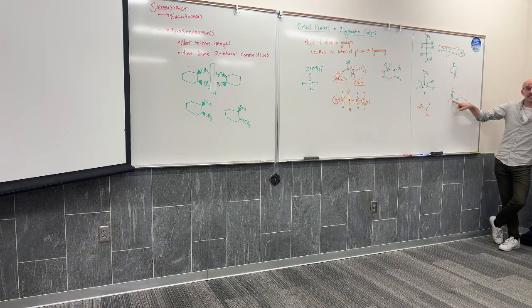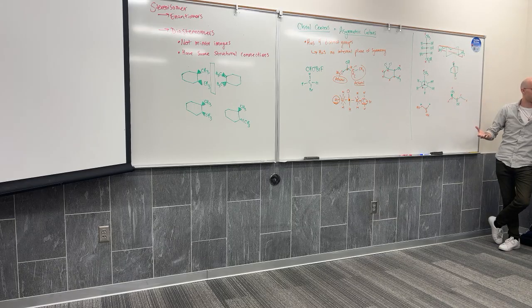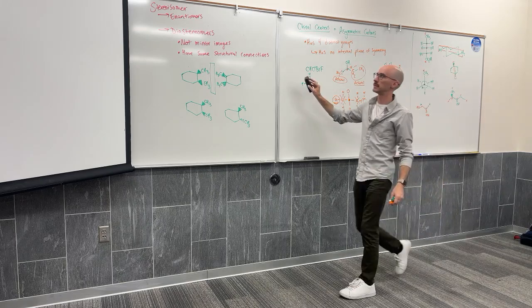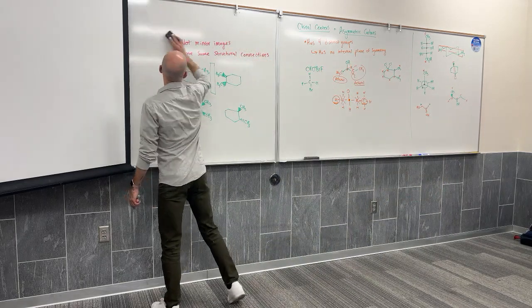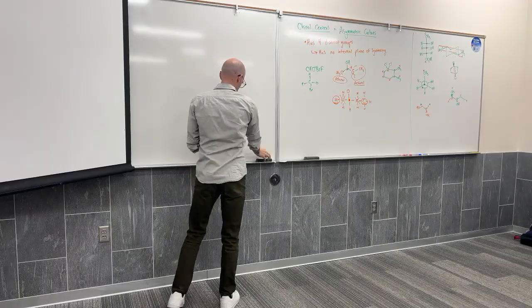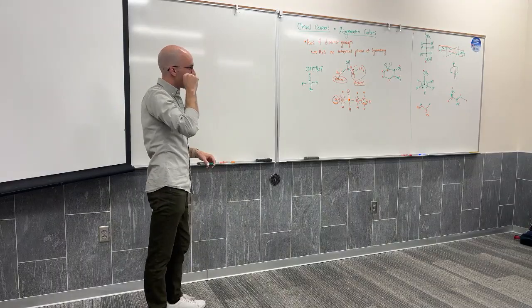This is a tetrahedral carbon, so it does have a wedged group, but it's not a chiral carbon. It has an internal plane of symmetry. Okay.